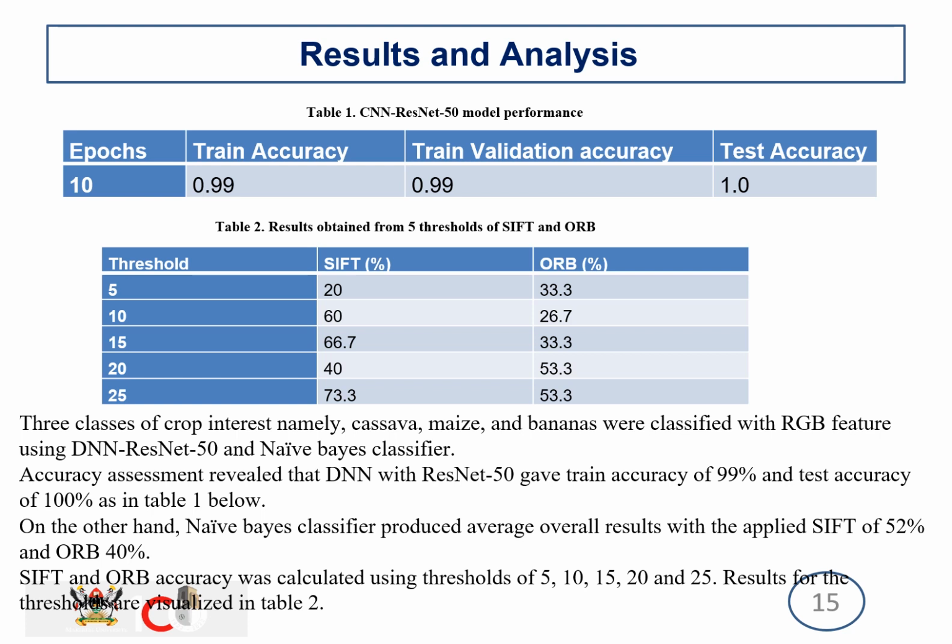But overall, you see that for the 25th threshold, the SIFT performed better in feature detection, and ORB also performed fairly. So overall, the DNN model performed better than the naive Bayes, because the naive Bayes here gave us 52% overall with the SIFT feature extractor and 40% for the ORB.